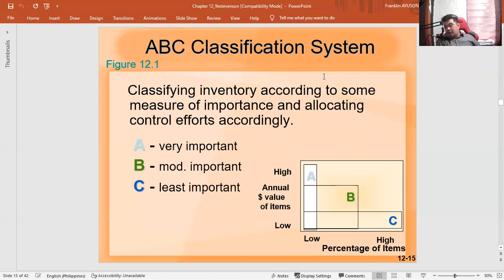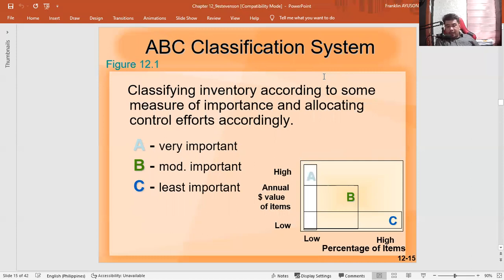Meaning to say, not all components and parts of my inventory are as important as others. So I would want to classify according to ABC system, A being very important, B being moderately important, and C being least important.